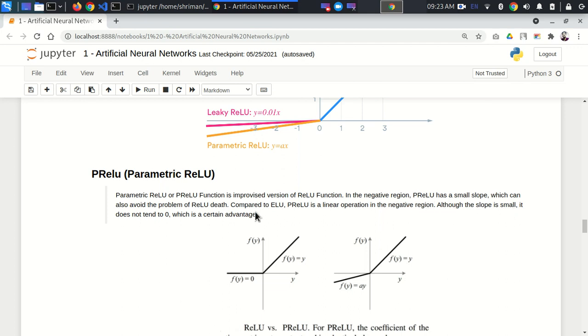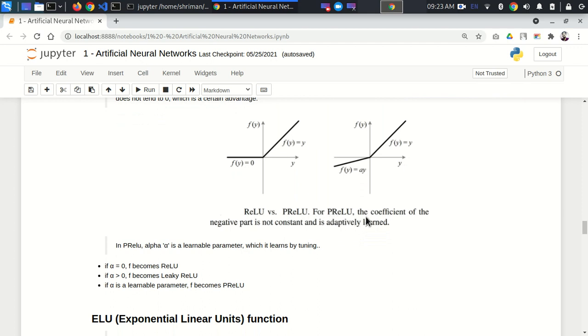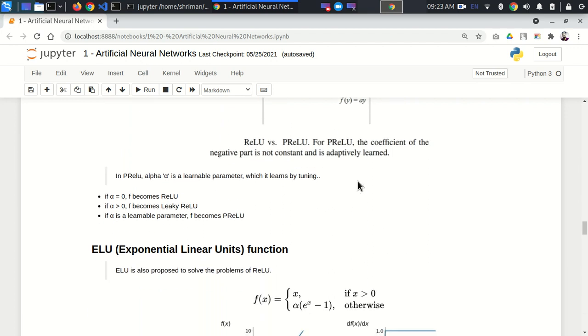So for p-ReLU, the coefficient of the negative part is not constant and is adaptively learned. They have introduced a parameter, alpha, which will be tuned by the network itself. Its value could be anything, depending upon your data and your use case.